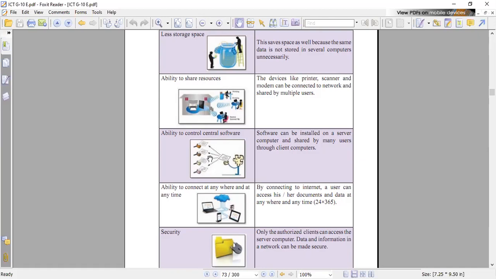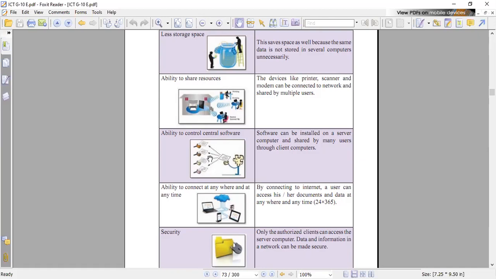Next one, third one: Centralized backup and controlling can be implemented. You can give a centralized backup, so whatever data is on all the computers can be centrally backed up, right?